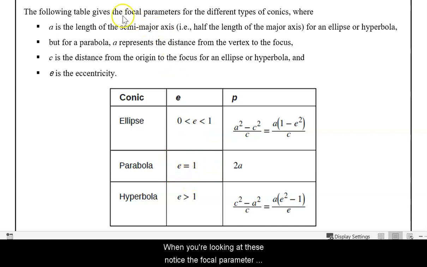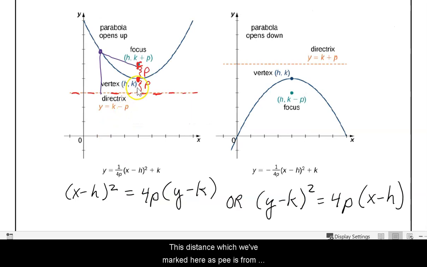When you're looking at these, notice the focal parameter. This is again the distance from the focus point to the directrix. On a parabola, it should be 2a. Remember what the picture of the parabola looks like. This distance, which we've marked here as p, is from the directrix to the vertex, and then from the vertex to the focus point.